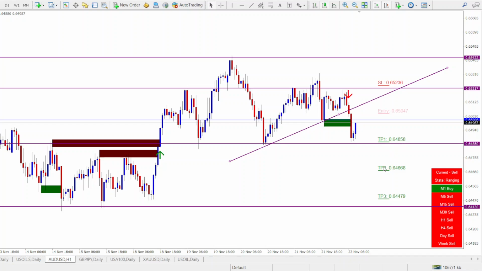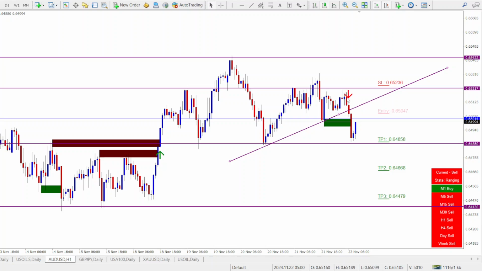Whichever time frame you want to trade, whether you are a scalper, a day trader or a swing trader, this indicator gives you precise signals for all the time frames. Now, in addition to making use of trend lines and support and resistance zones, make use of chart patterns as well. Make use of candlestick patterns.